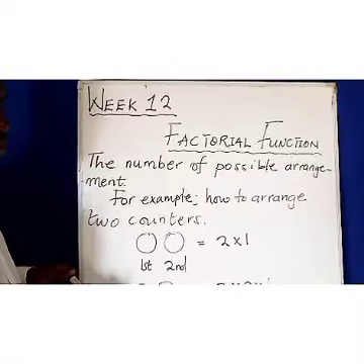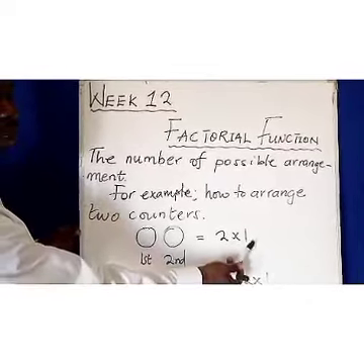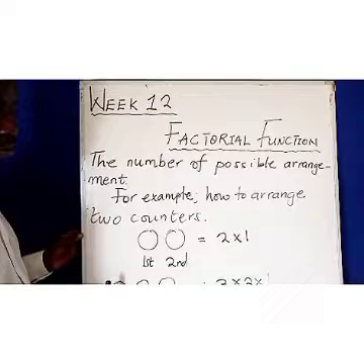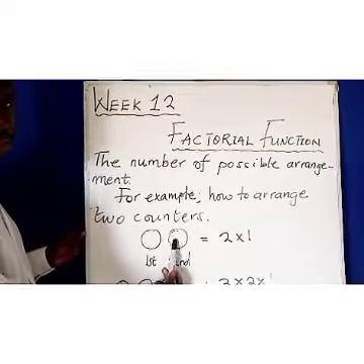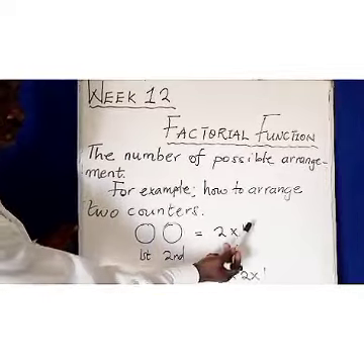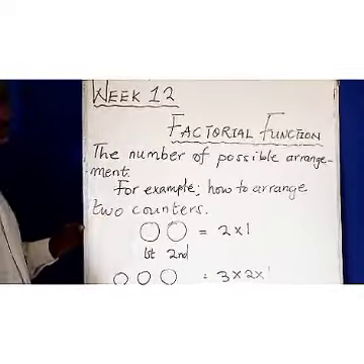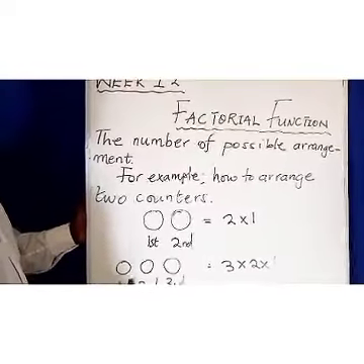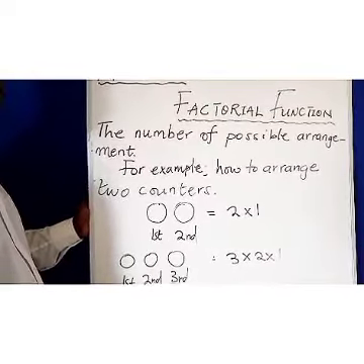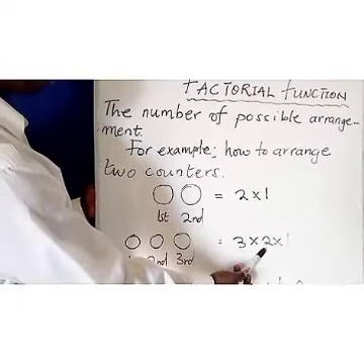The number of arrangements is 2 times 1, and it has two forms of arrangement. So if I have 3 counters, what will be the number of arrangements? That is 3 times 2 times 1.